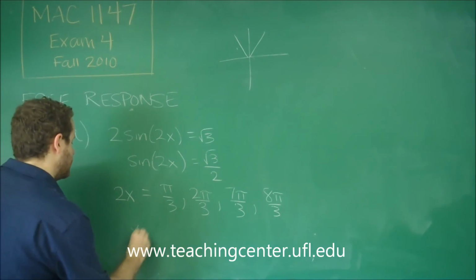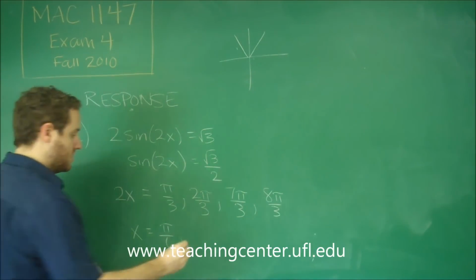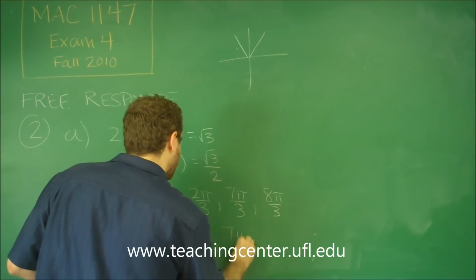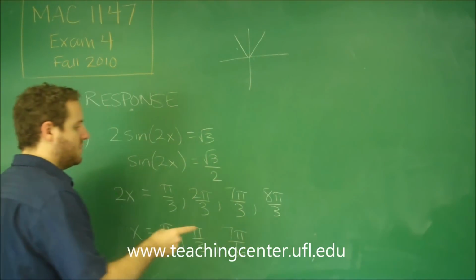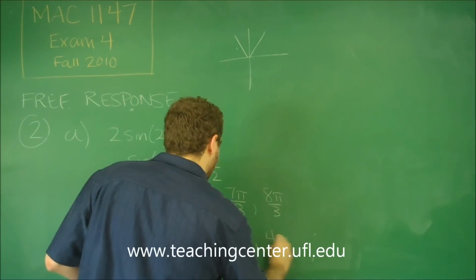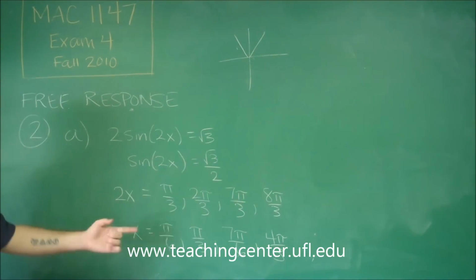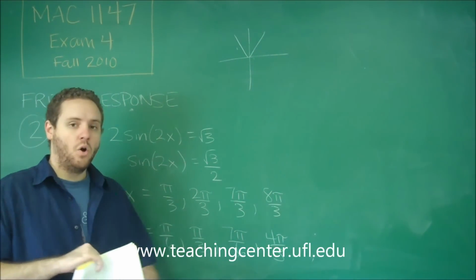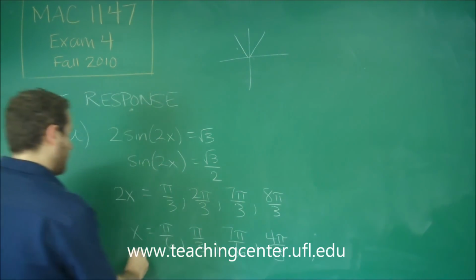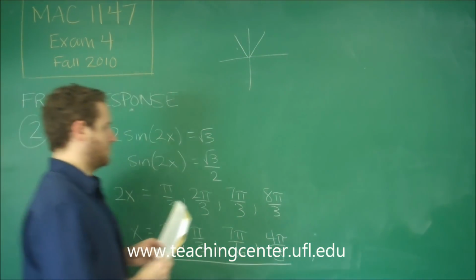So x is equal to pi over 6, 2 pi over 6, or just pi over 3, 7 pi over 6, and if we divide that by 2, we get 8 pi over 6, which is 4 pi over 3. So you can see, once we've divided by 2, all 4 of these obey that they're in 0 to 2 pi, so that's fine. So these are your 4 solutions to this equation.